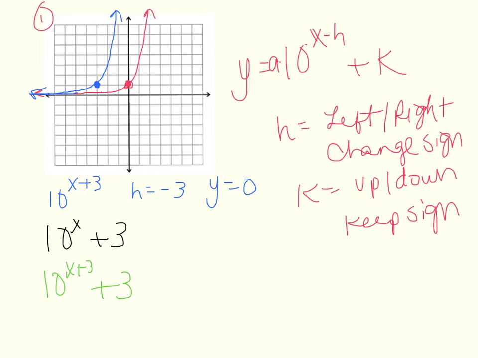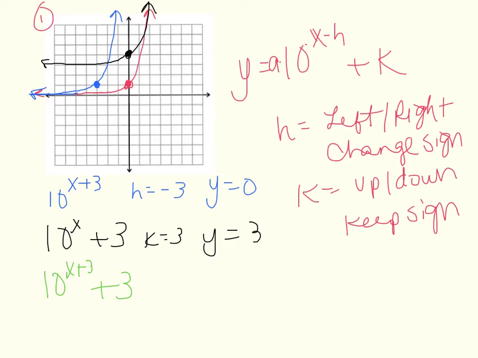Now if I wanted to move with this, there is no h, but there is a k. My k is 3. So I start at my point (0, 1), I move up 3. And then that curves up, and then the left side of your graph curves down 1 to that line, which is actually 3. So my horizontal asymptote is at y equals 3.